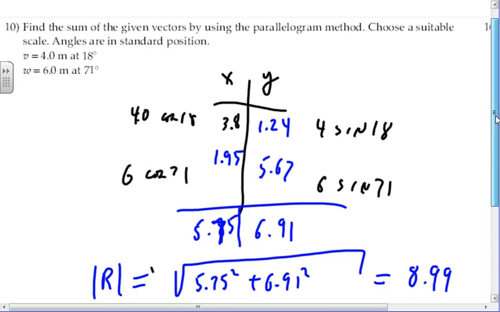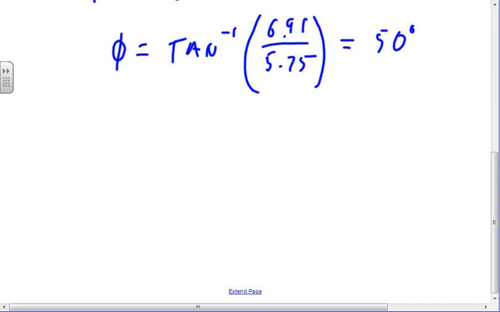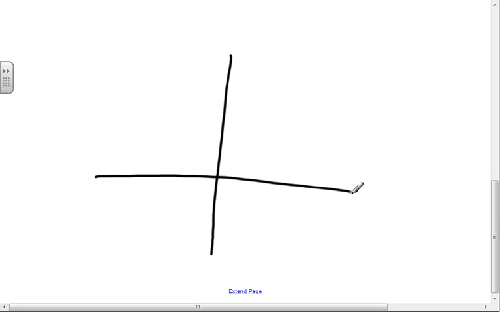That would give me an answer of 8.99 angle 50 degrees. I could just have my calculator do it. Now, the problem says to do it using parallelogram methods. All right, so what it's saying is that I got some guy, I'm going that way.